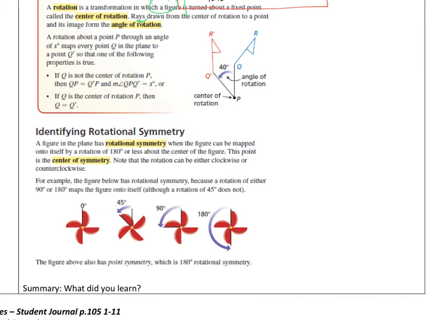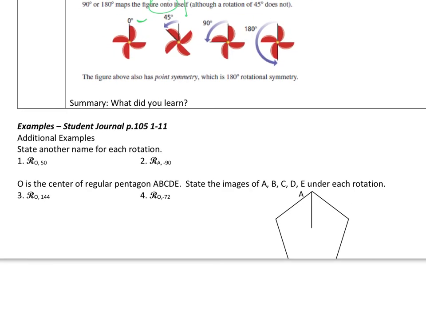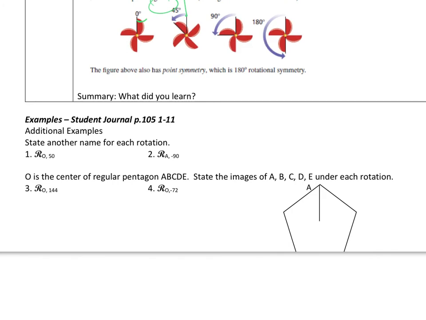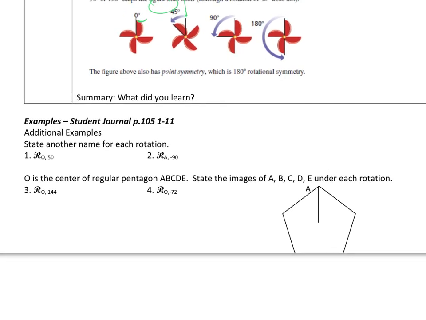All right, so let's do a few examples here. And let's take a look at what we got. State another name for each rotation. A rotation about point O, 50 degrees. So basically what we're asked to do here is to just rewrite this. So 50 degrees, now think about it. Let me draw a little axes here for you.